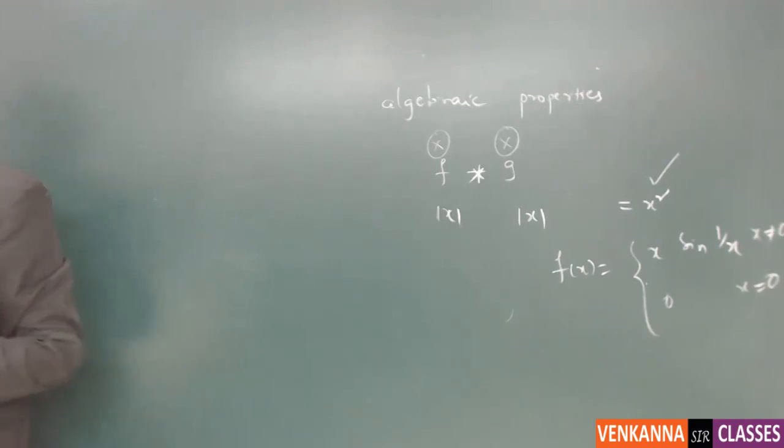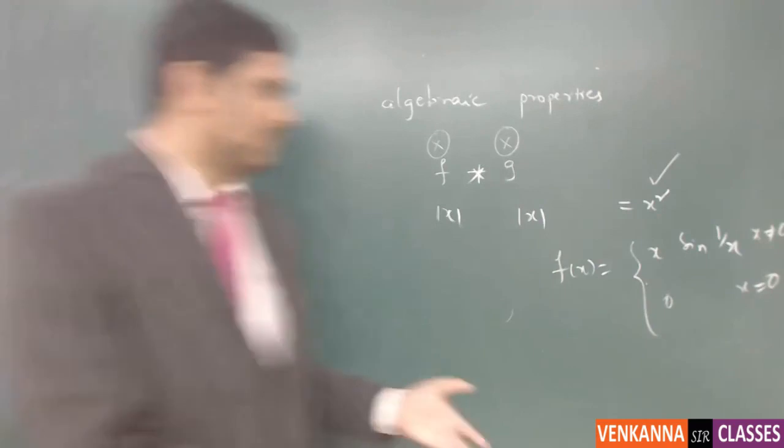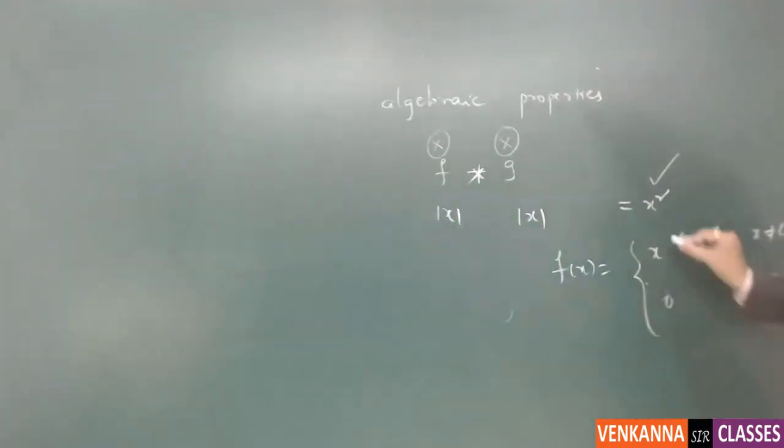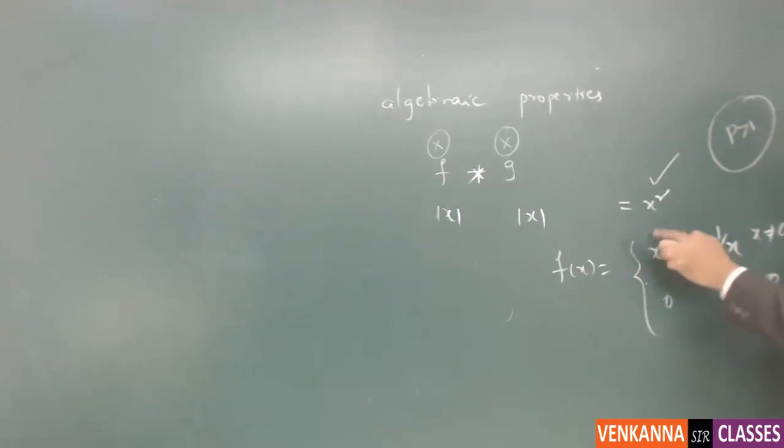Is it differentiable? No, because you can take the conclusion that whenever you have a function of the form x power p, when p is greater than 1, then only it is differentiable. So if you take p equal to 1, it will be just continuous but not differentiable. Agreed?